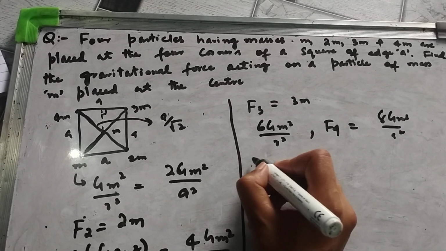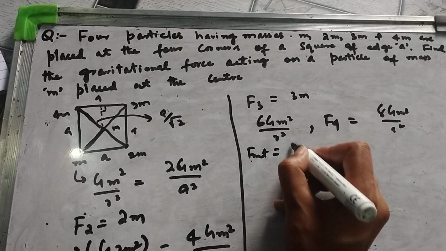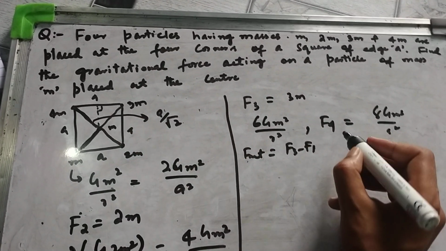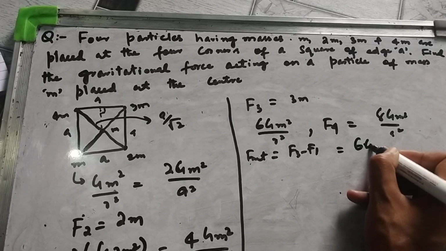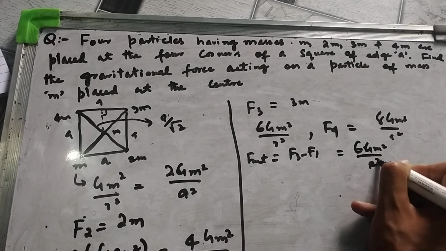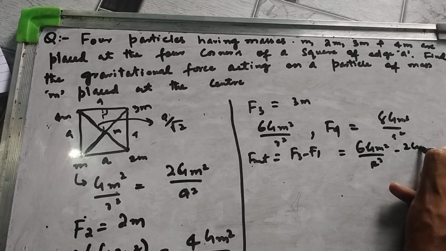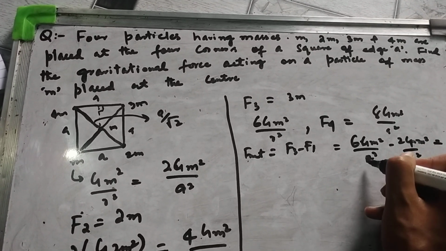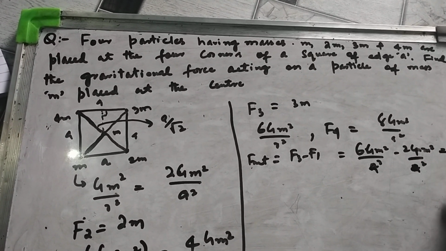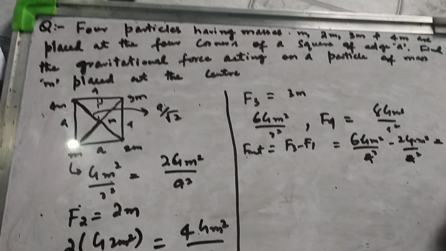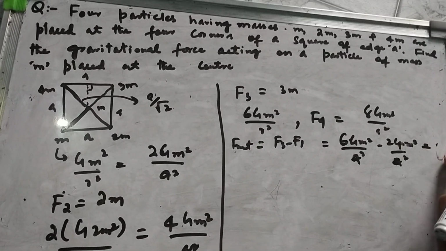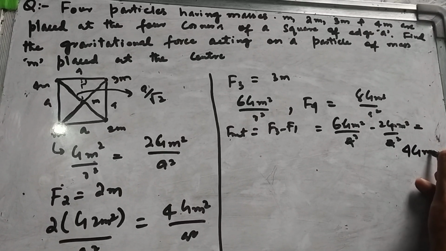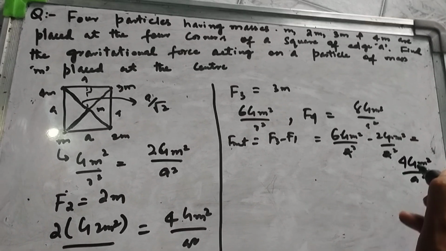So from here F net is equal to F3 minus F1. So here 6GM square upon r square minus 2GM square upon r square, a square or r square, same thing, which is equal to 4GM square upon a square. Sorry, I am going to write it here: 4GM square upon a square.